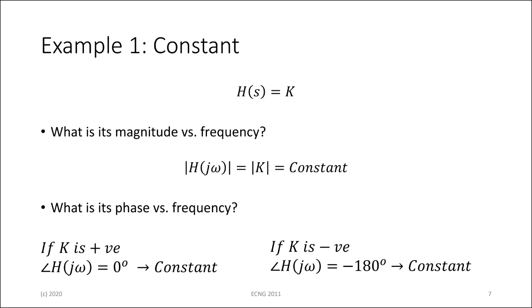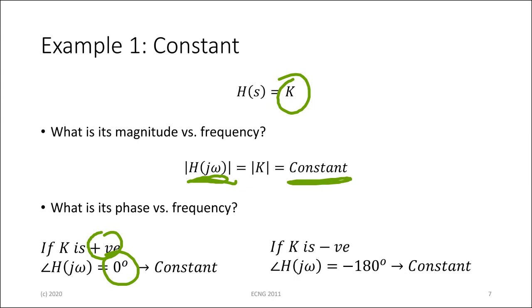Well, of course, this is not frequency dependent, so the magnitude of the frequency response is going to be a constant, whatever that value is, the magnitude of K. It's a number, so it's just going to be a constant, right? And the phase, of course, if the constant is positive, the phase is 0. If the constant is negative, it's minus 180 degrees, in the opposite direction.